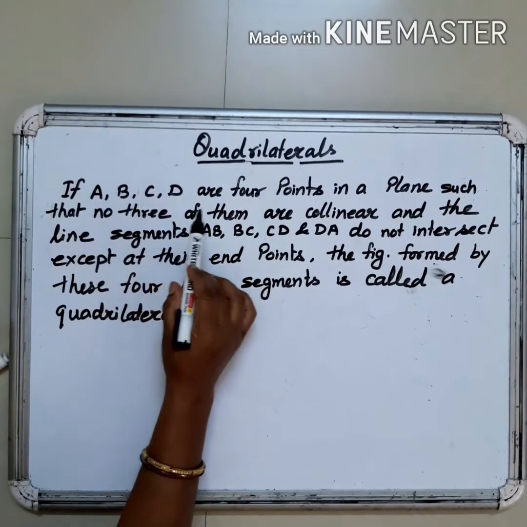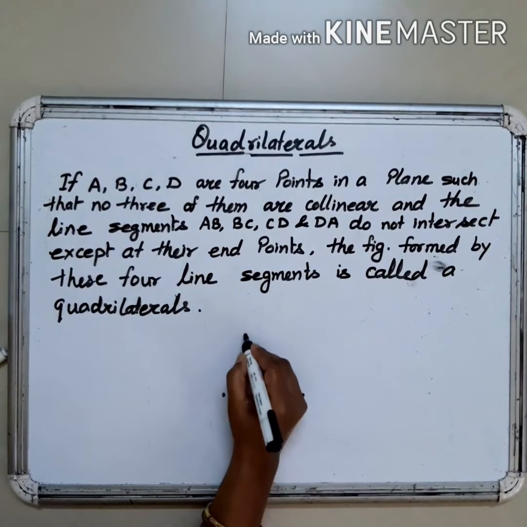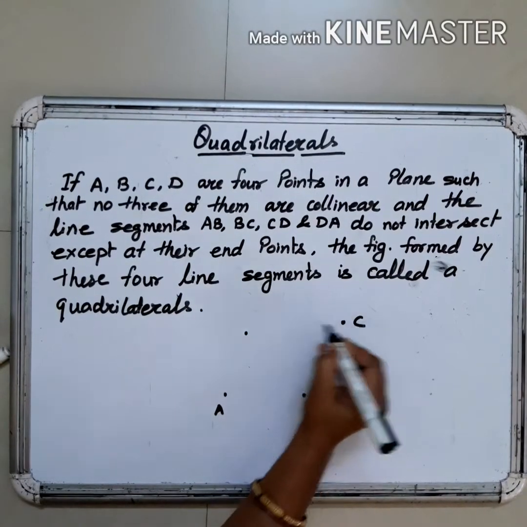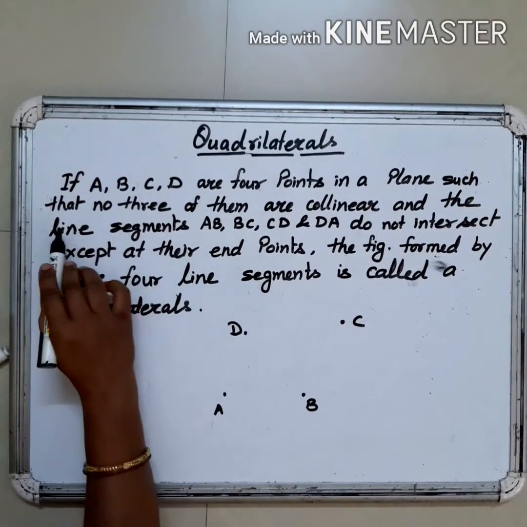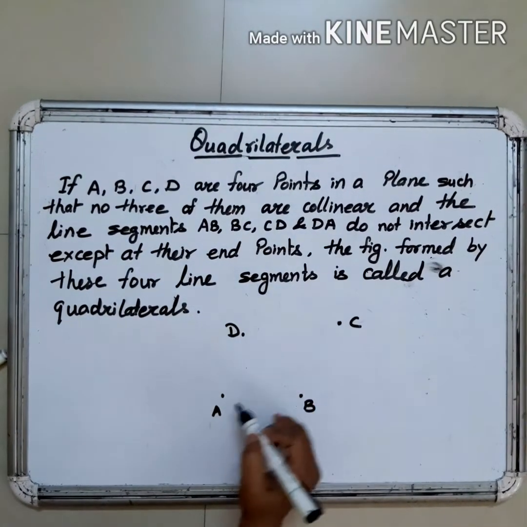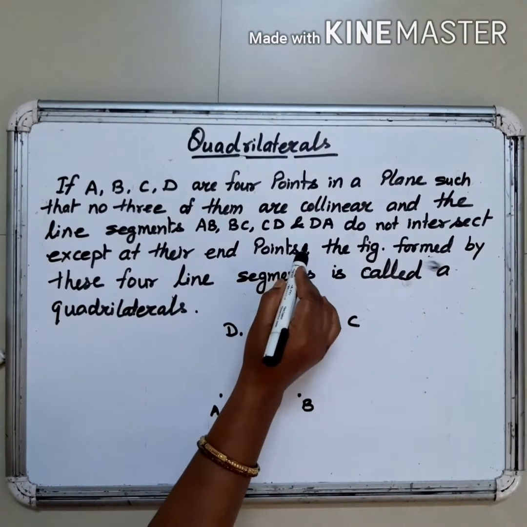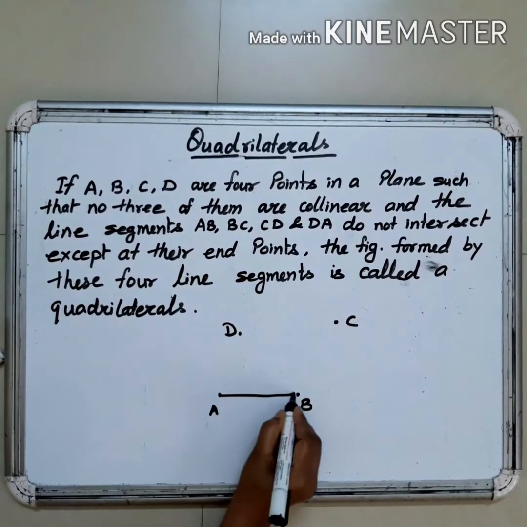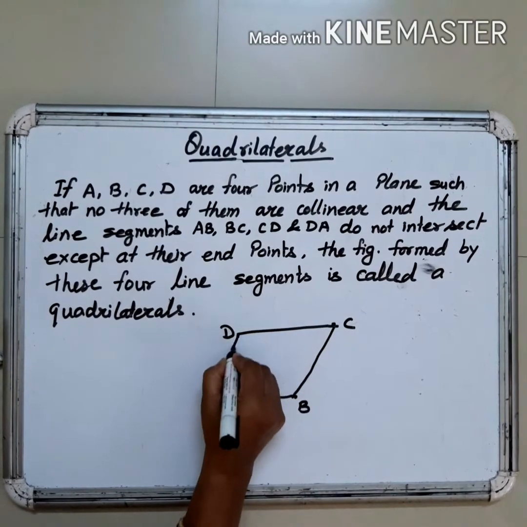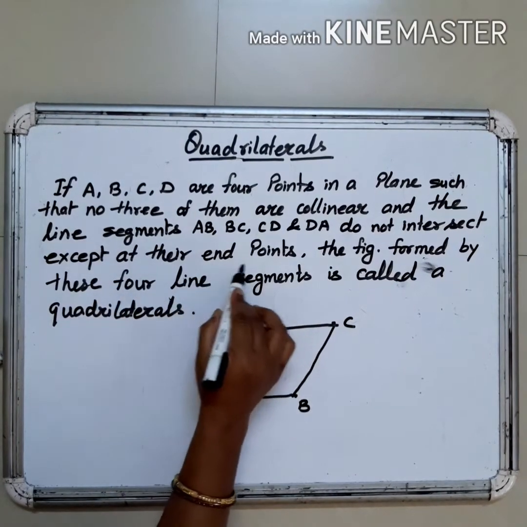If A, B, C, D are 4 points in a plane, let's take 4 points A, B, C and D such that no 3 of them are collinear. You can see here that 3 points are not collinear, and the line segments AB, BC, CD and DA do not intersect except at their endpoints.